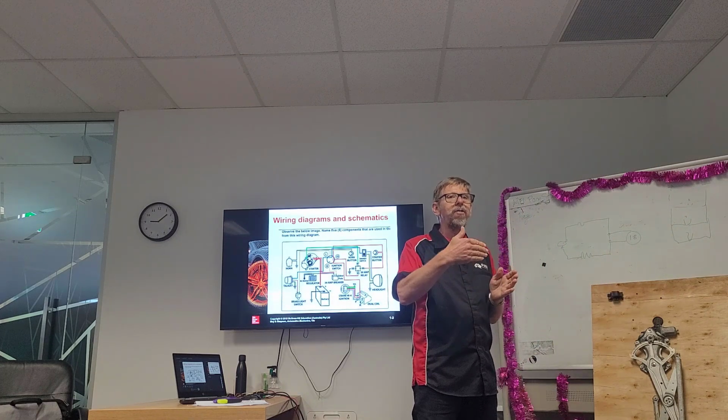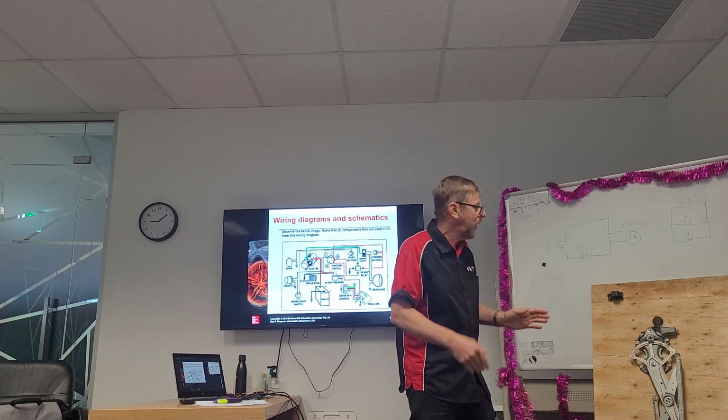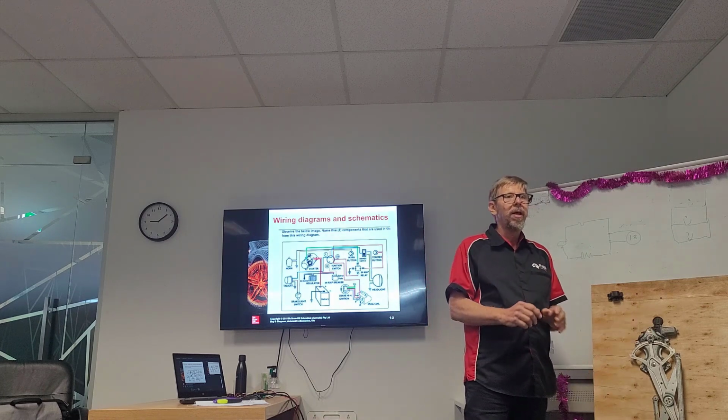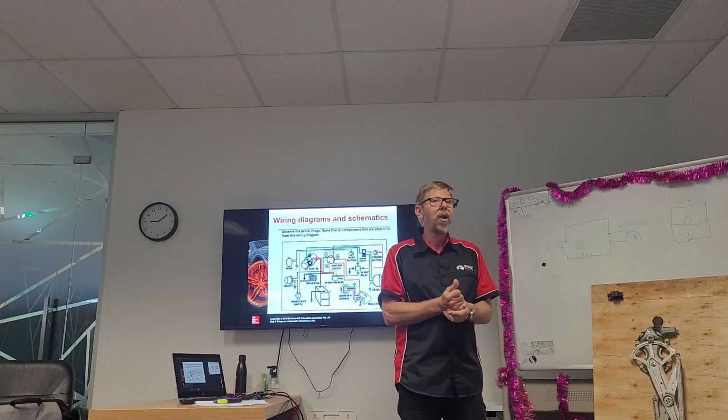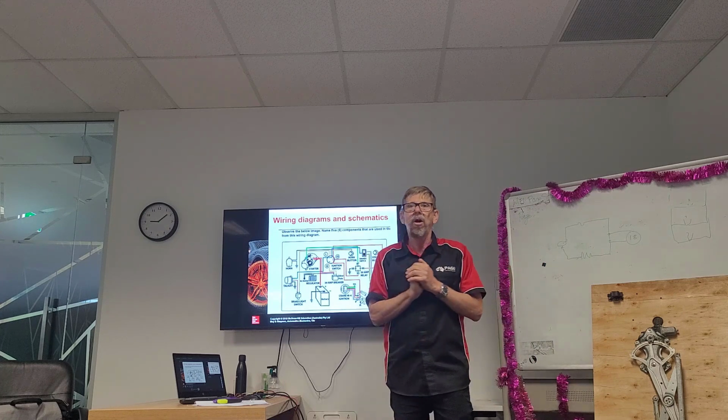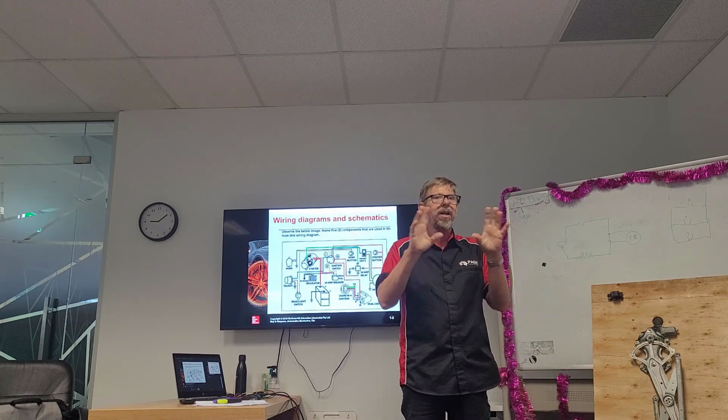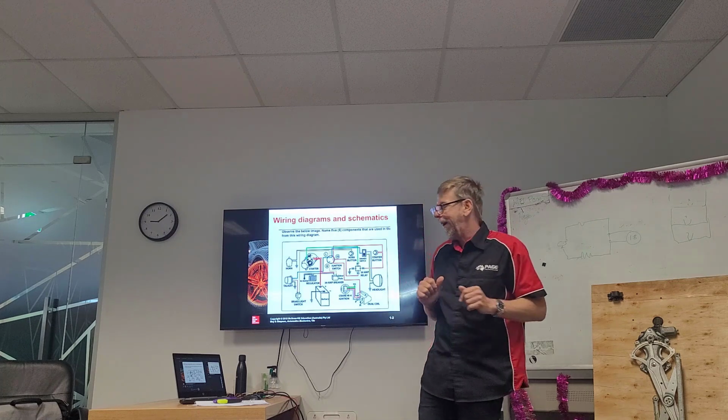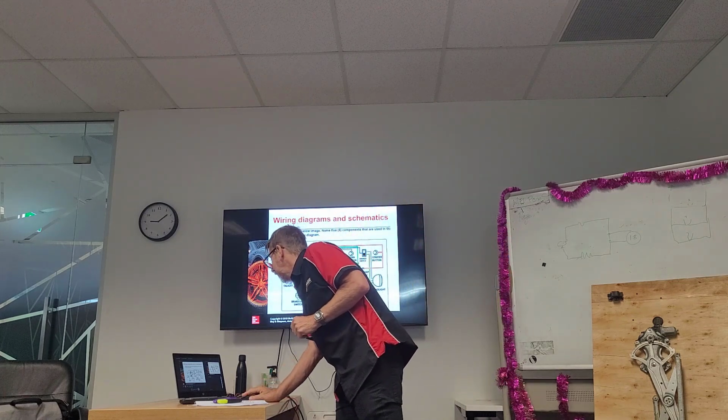And the switch will change polarity to whether the window winder goes up or down. Doesn't get much simpler. It looks complicated, but it's not that complicated. And we have to learn how to dissect a wiring diagram, okay? So I'll just move on.